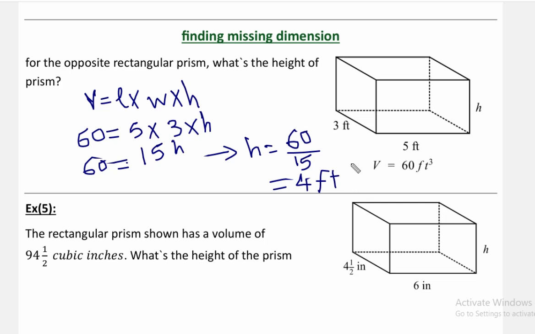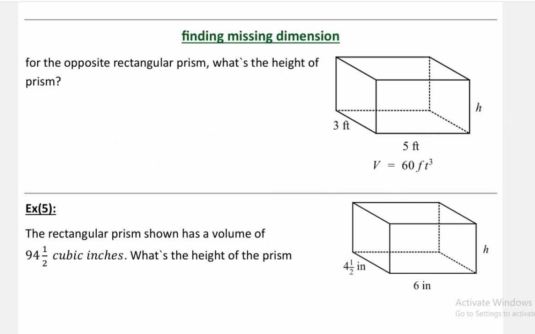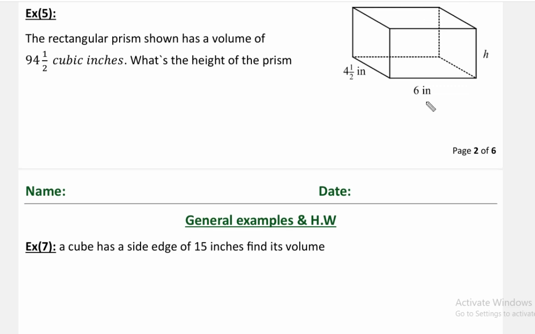It's very simple. The next example is the same idea of finding the missing dimension. Try to solve it yourself, but it has some confusing numbers. Okay, pause the video, try yourself, and check your answer. See how we can deal with these confusing numbers. Now, the volume equals length times width times height.